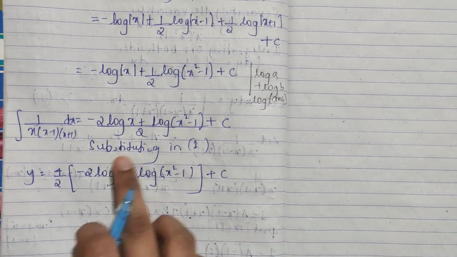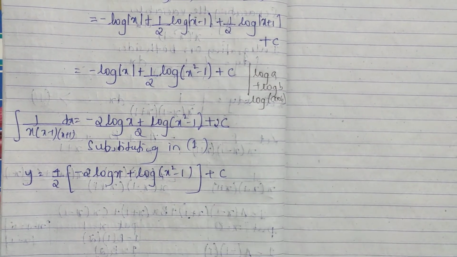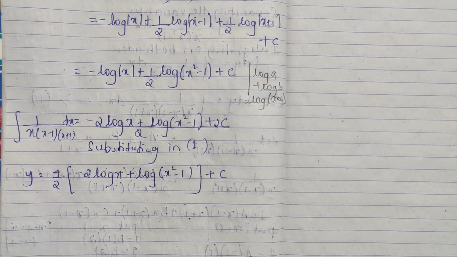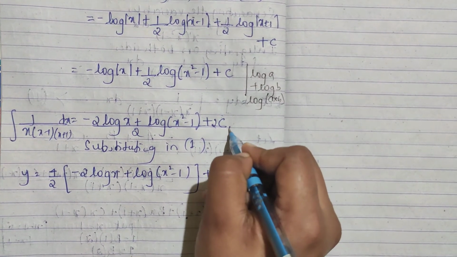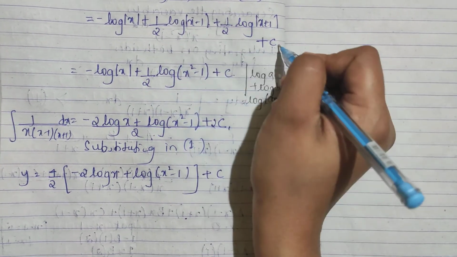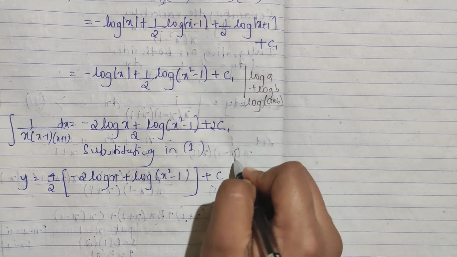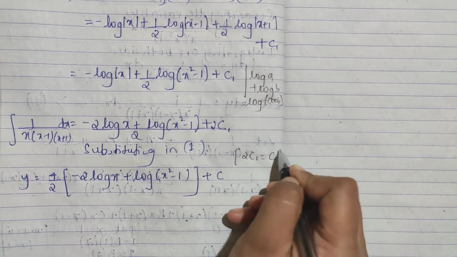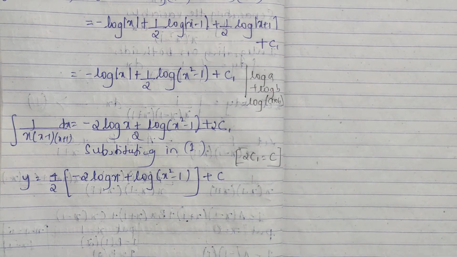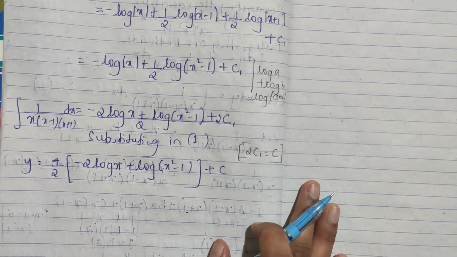See, when you take LCM, even for this it comes 2c, but this whole we are again keeping as c only, or else if you want you can take it as c1. If in the numerator something with LCM is there, take this as c1, such that your 2c1 will be equal to c only. I hope this is clear for you.